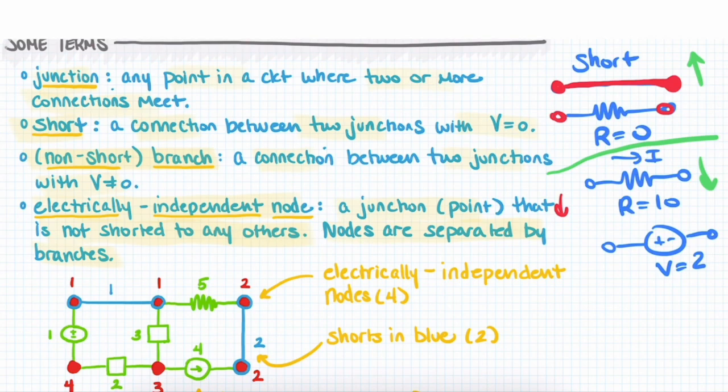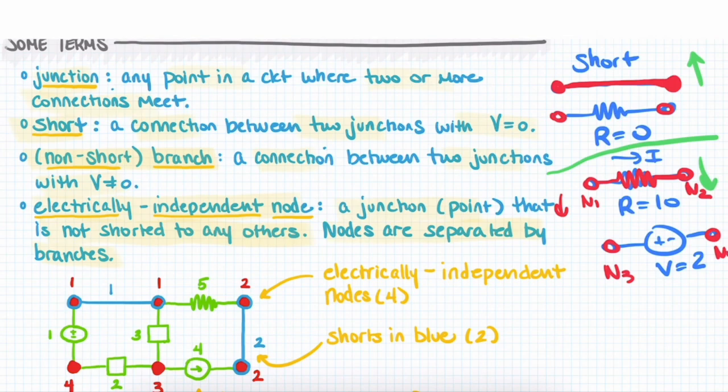However, down here, we have a junction, and it's separated by a branch where we assume the voltage is non-zero across that. And so I can call this node 1 and I can call this node 2. Now, all things being equal, we don't know what the rest of the circuit looks like. Same thing here. I can call this node 3. I can call this node 4.